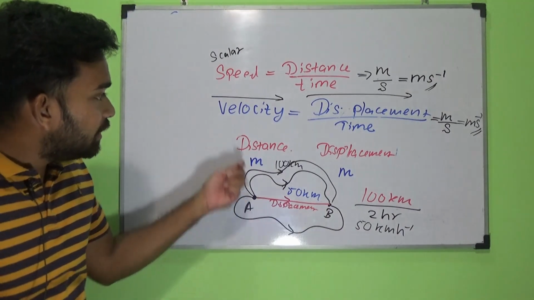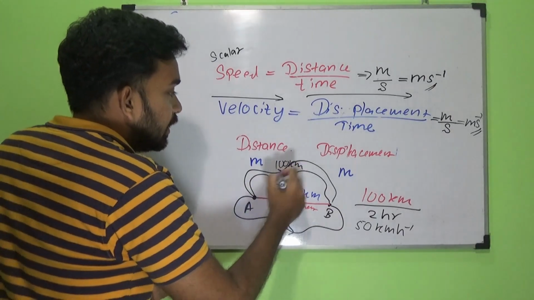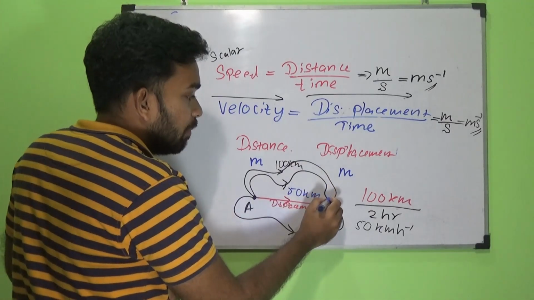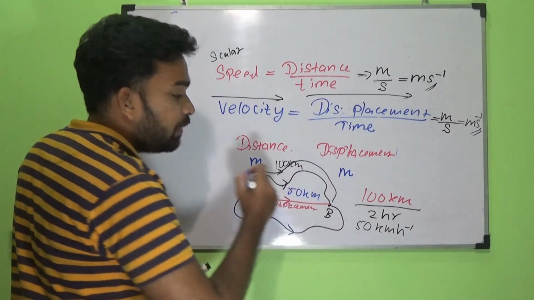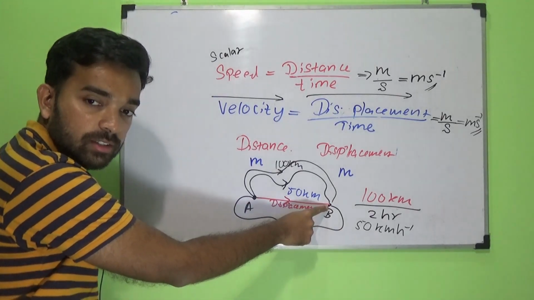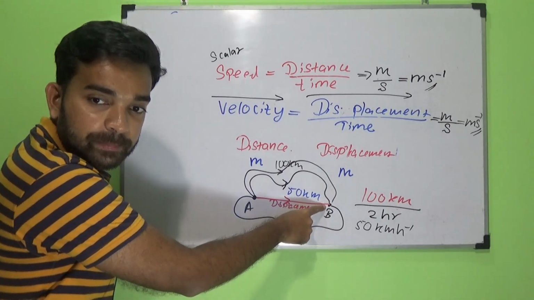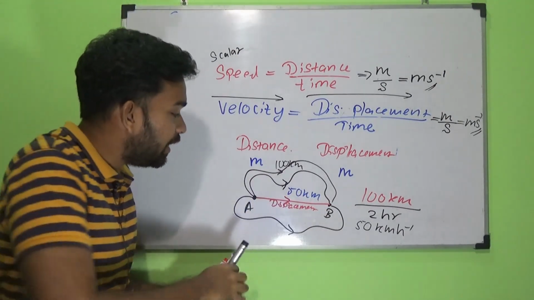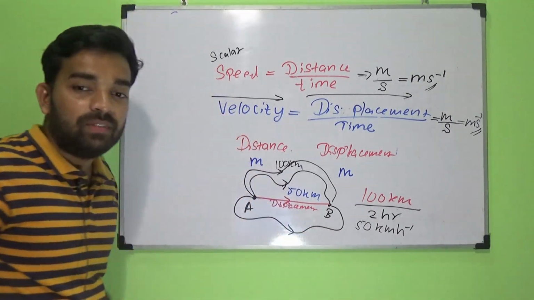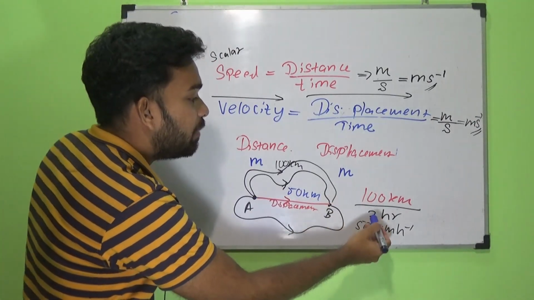No matter that you are going from Colombo to Kandy by traveling 100 kilometers, still your displacement is 50 kilometers. You started from here, you finished from here, right? If we draw a direct line between these two cities, we get the displacement, right? So the displacement divided by time.